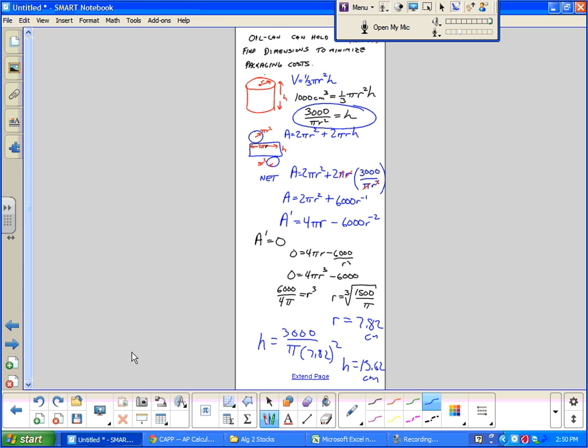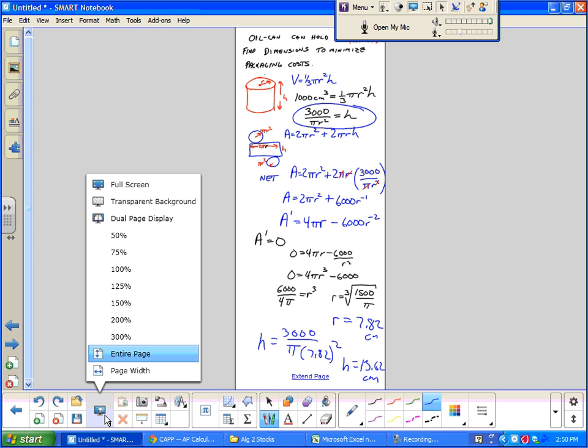All right, and that's actually something we can prove. So guys, we just figured out the can. If I come back, I go to a new page. 7.82 by 15.62. This can is pretty symmetrical.